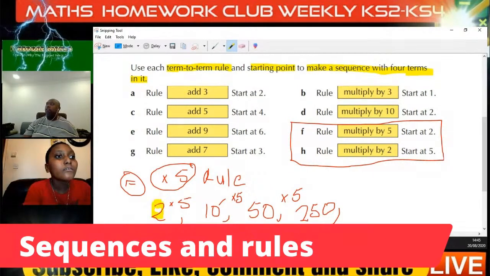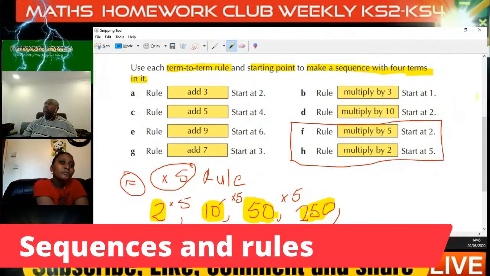So that's my first term, my second term, my third term, my 4th term. So these are 4 numbers, 4 terms in the sequence.